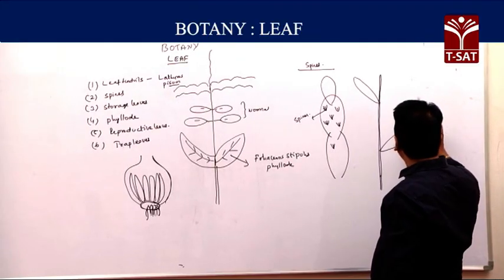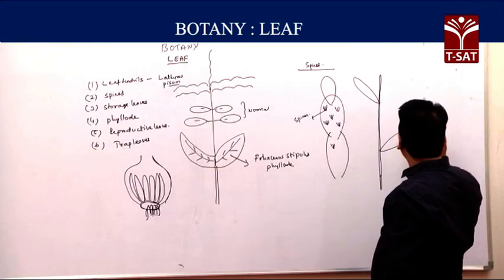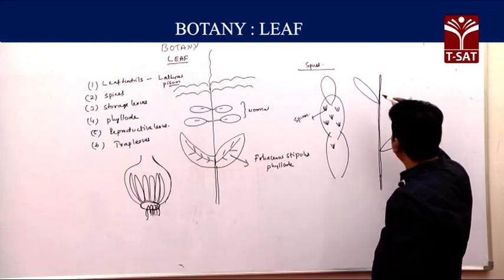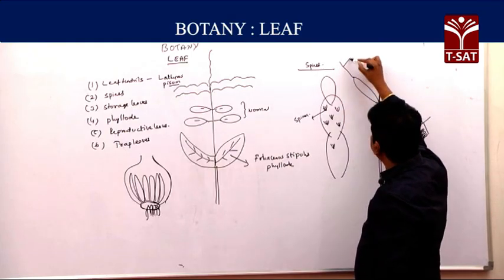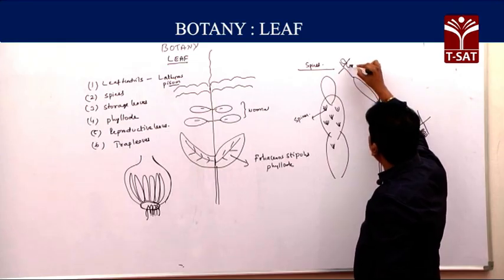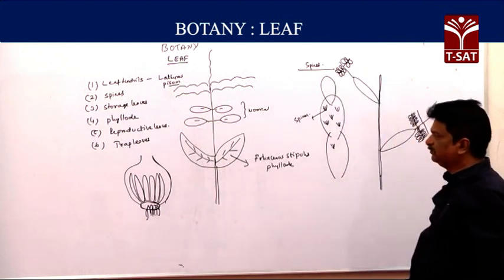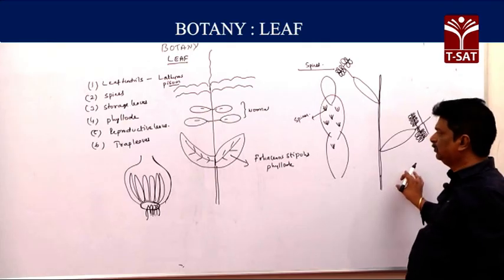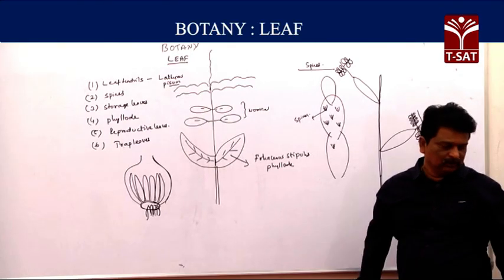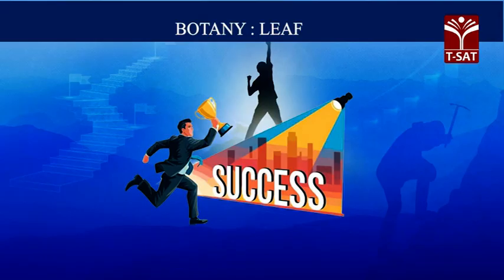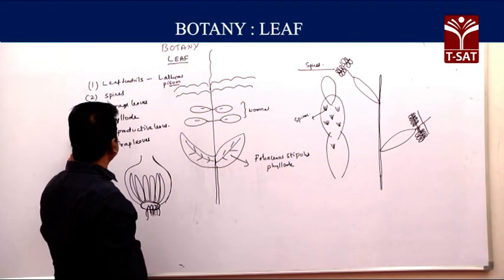So the petiole is modified into leaf-like and performs photosynthesis. So other than leaf lamina, if any part of the leaf performs photosynthesis, it is called phyllode. One example is Australian acacia and another example for phyllodes is Parkinsonia. So next one, reproductive leaves.